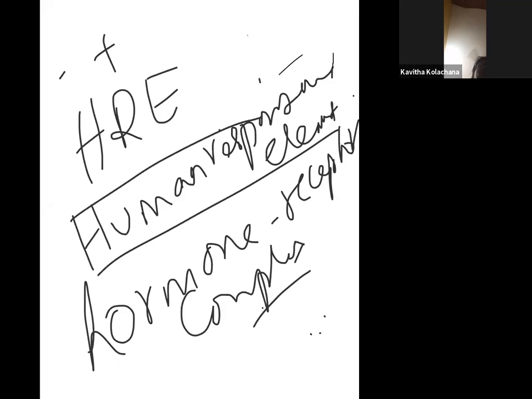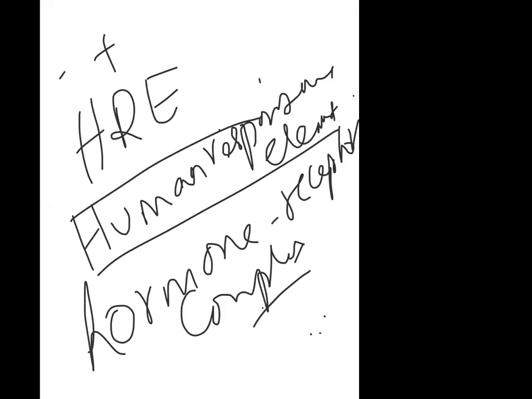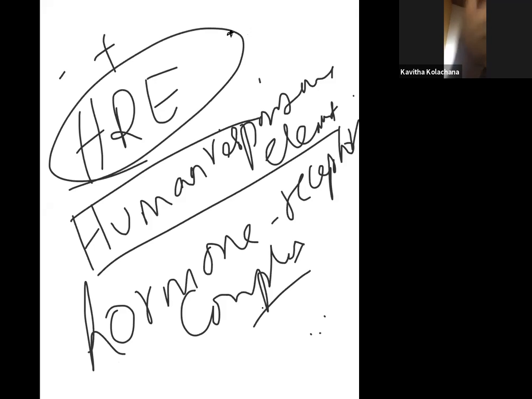The change will occur only in particular genes. The expression does not happen in all genes. The expression is only for very specific kinds of genes. Okay, when they are expressed, we call them hormone responsive elements.